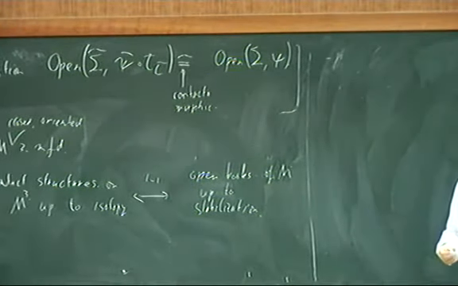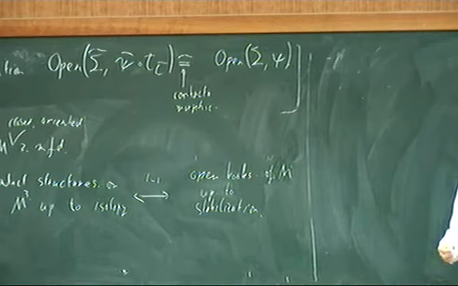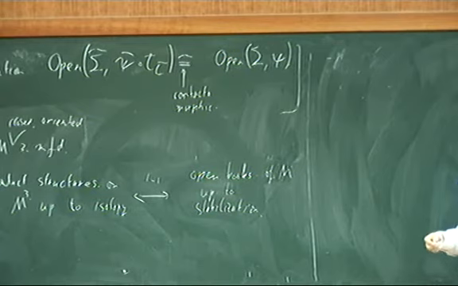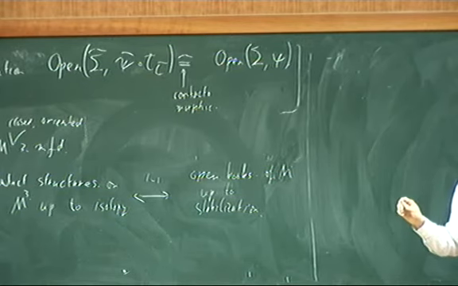Another way to do this is: you have a page, a thickening of the page, and you have your Lagrangian, and you drill out a neighborhood of the Lagrangian. If you look carefully, you'll get exactly this, an open book. Is this general for all dimensions?